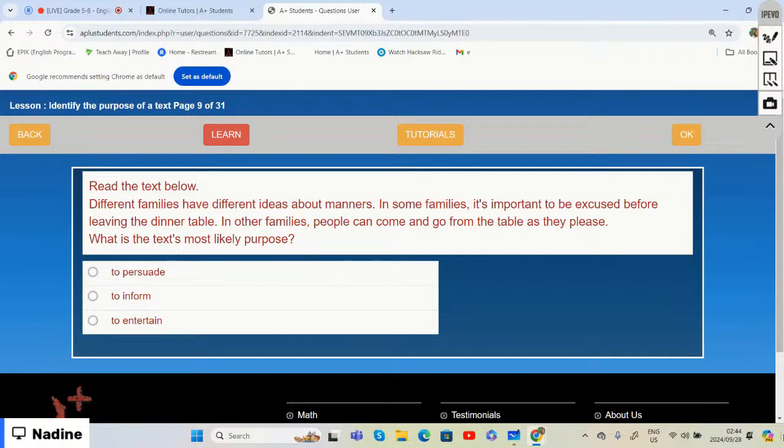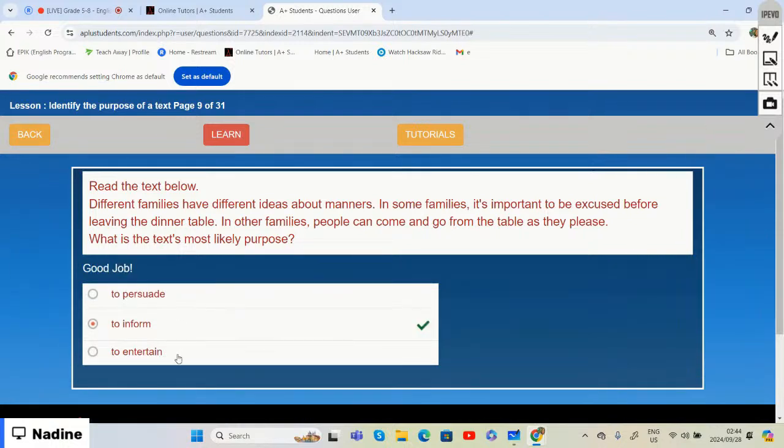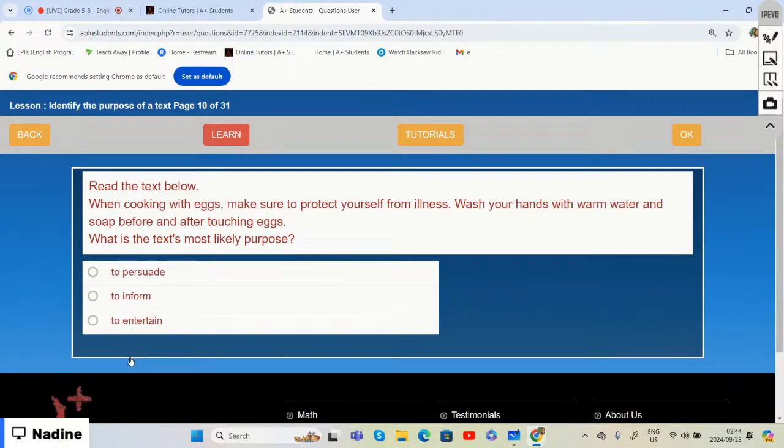And if we were to choose the correct option, then we can say it is to inform. All right.